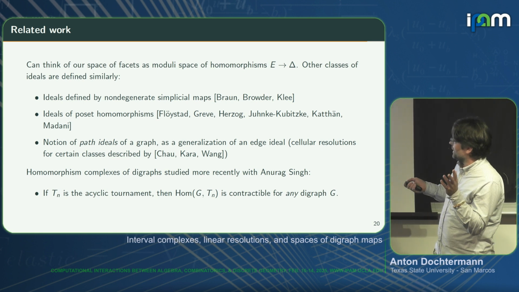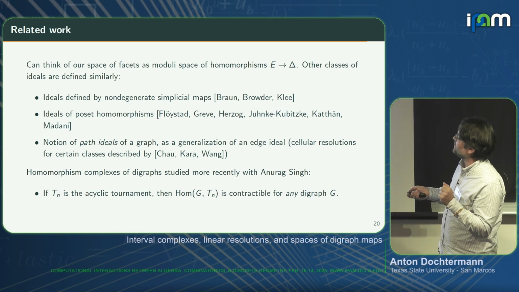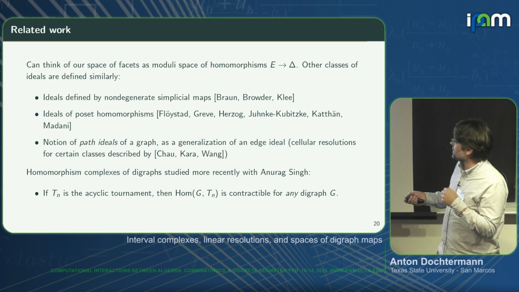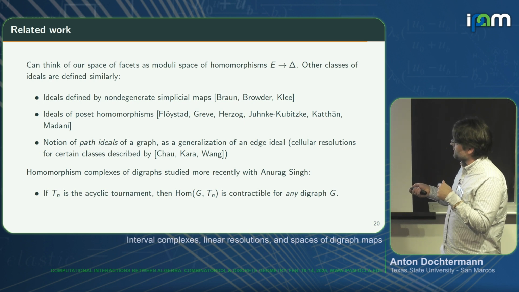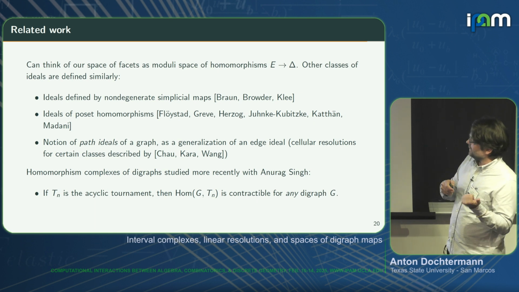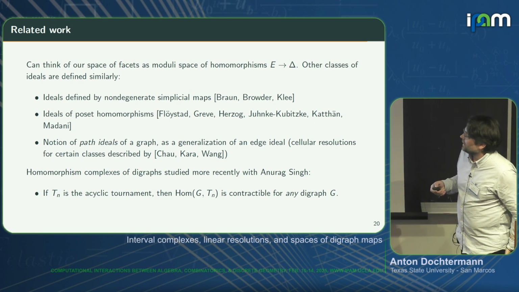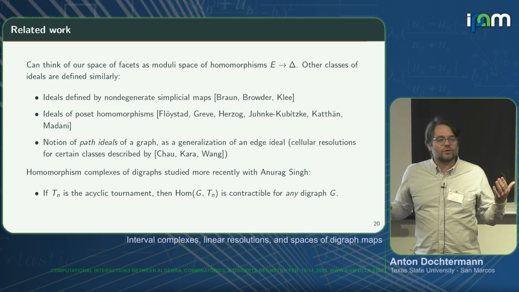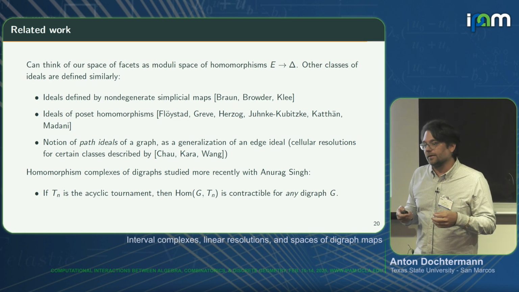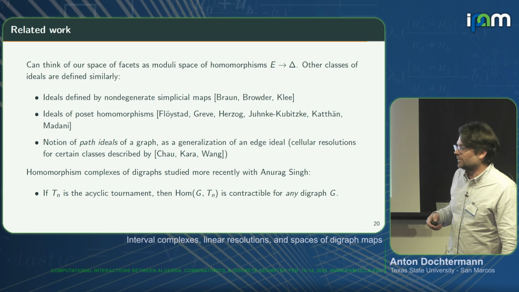And just a side note, sort of advertising some other work I've done recently: in the past couple of years, with Anurag Singh, not the one that people mostly know, this Anurag is based in India at IIT Bhilai. We worked on understanding these spaces from a more topological perspective.